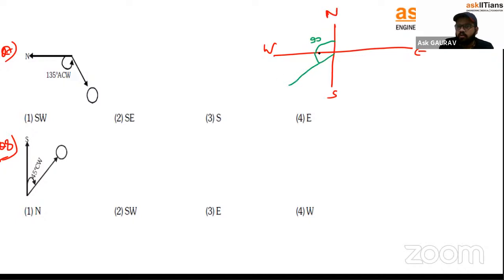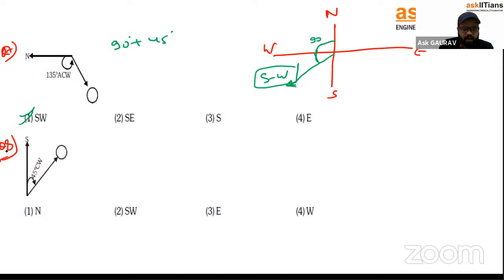You will move in the anti-clockwise direction. You can write 135 as 90 degrees plus 45 degrees. So plus 45 you will reach here. This will be your required direction. And which direction is this? This is southwest. So southwest, first option. Is that clear?